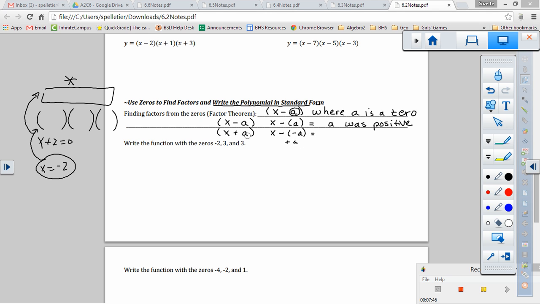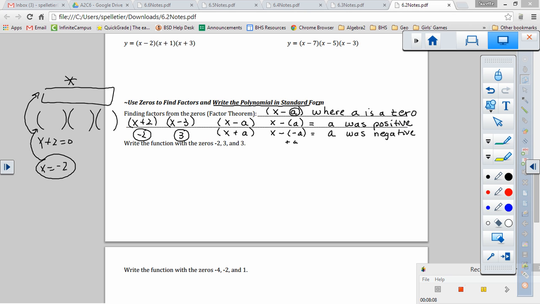So when it is x plus a, then a was negative. This goes back to the thing we were just saying, that when you have x plus 2 in the parentheses, it's going to be negative 2, right? And when you had x minus 3 in the parentheses, it was positive 3.